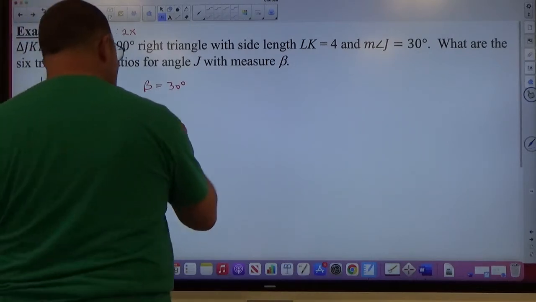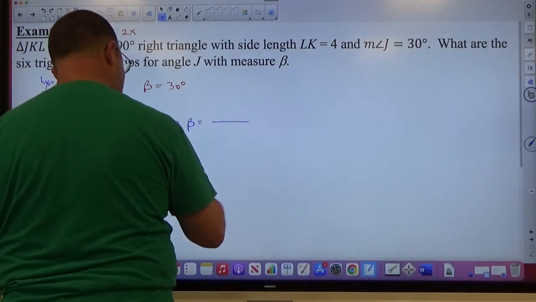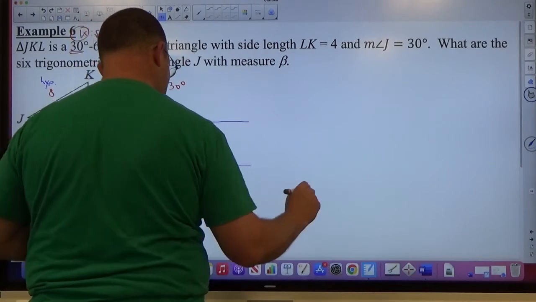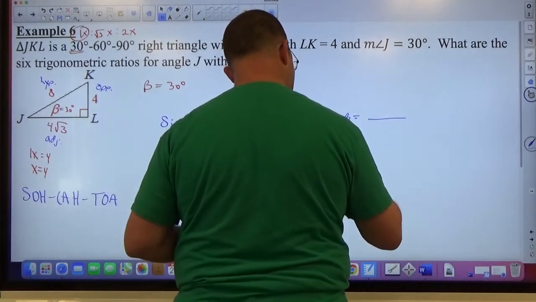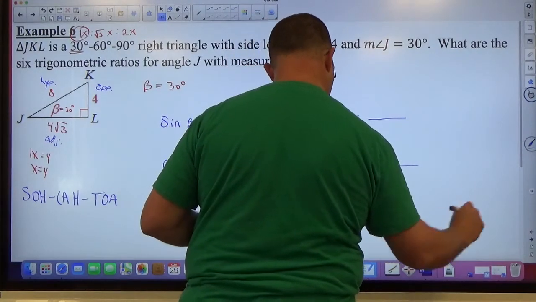So, sine of beta equals fraction. Cosine of beta equals fraction. Tangent of beta equals fraction. Cosecant of beta equals fraction. Secant of beta equals fraction. Cotangent of beta equals fraction.